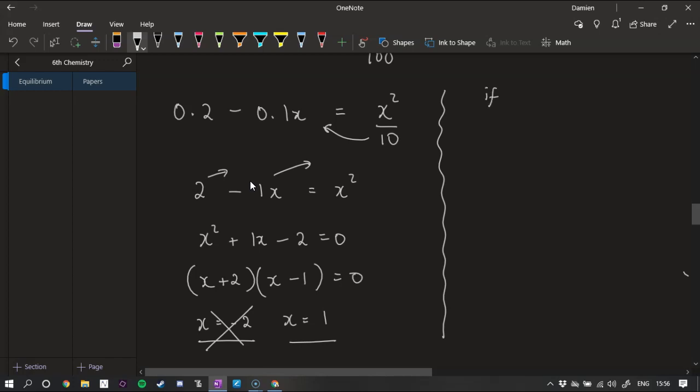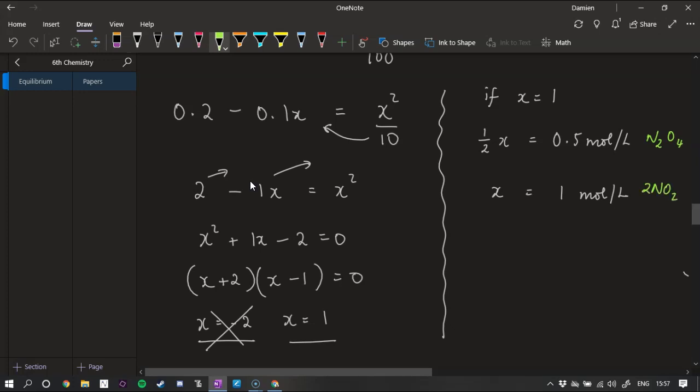So if x equals 1, 1/2 x is equal to 0.5 moles per litre. And that 0.5 moles per litre is your N2O4. And then your x, which you figured out earlier on, x is equal to 1 mole per litre. And that there is going to be your NO2. Or in fact your 2NO2.